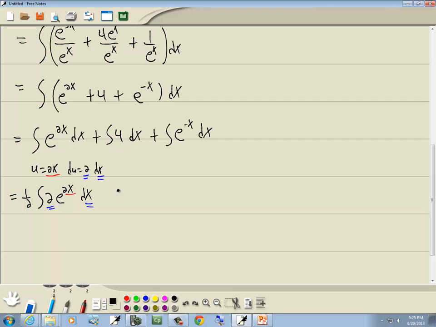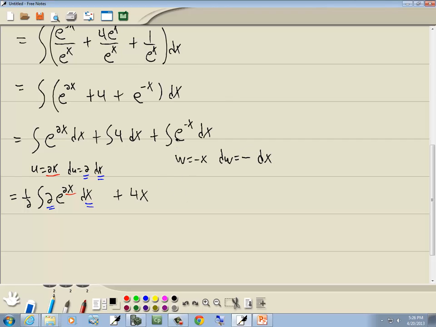Well, this one, the integral of 4, gives us 4x. And this one is another u substitution, but instead of using u, I'll use w. So w is equal to negative x, then dw, the derivative of negative x, is negative 1, or negative dx.